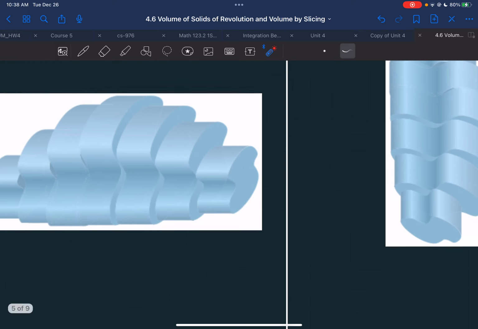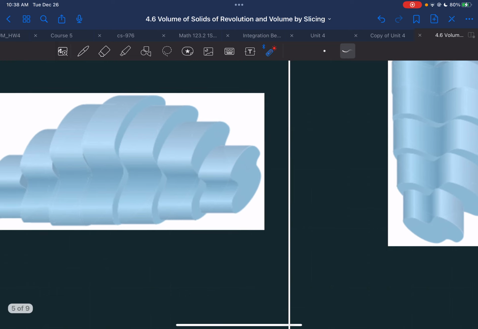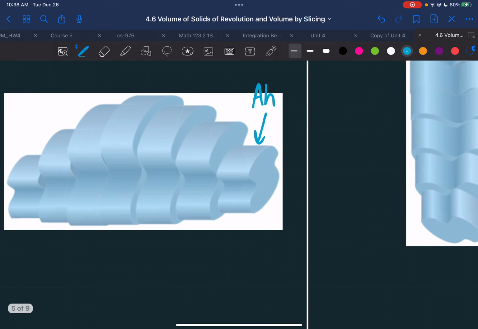So looking at this slice right here, we have two components which is similar to the washers method that we did. First is your cross-sectional area right here and the height of your slice, which is h. So the volume of this one would be A multiplied by h.